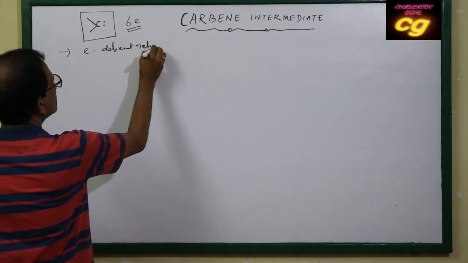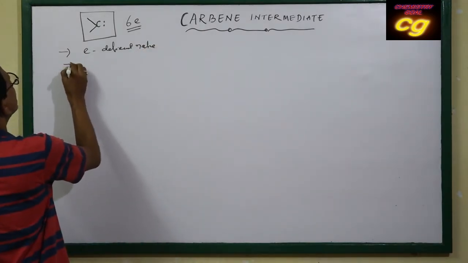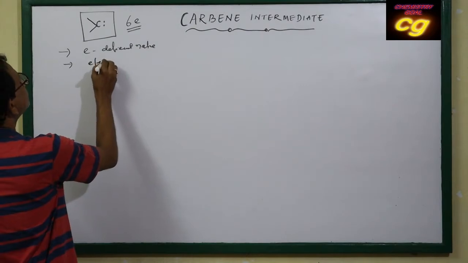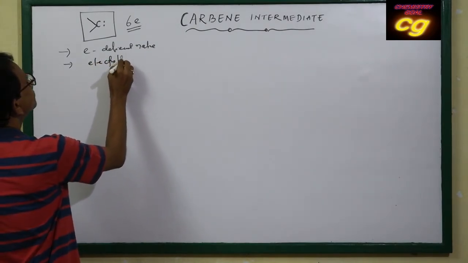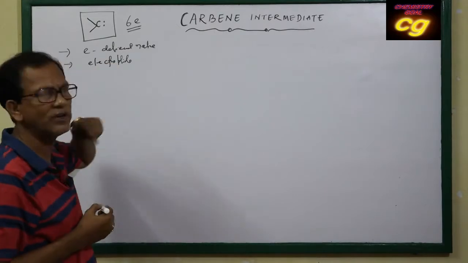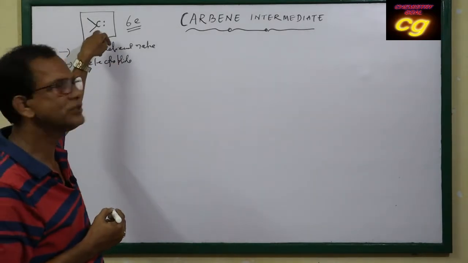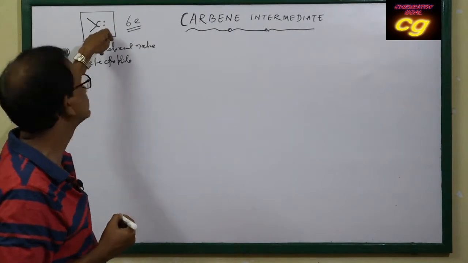It is electron deficient in nature and acts as an electrophile, because of its electron-deficient nature. Carbon has two bonds and contains two electrons.